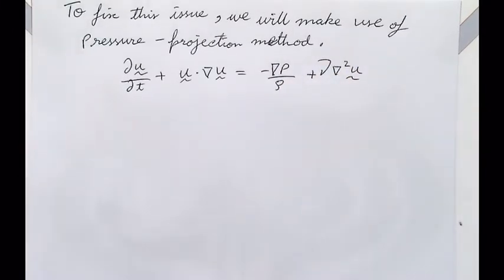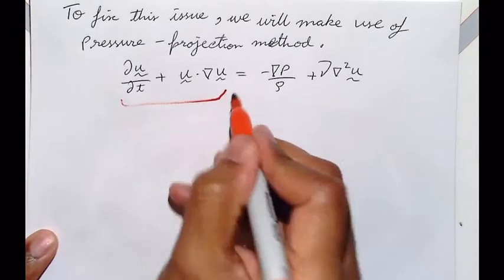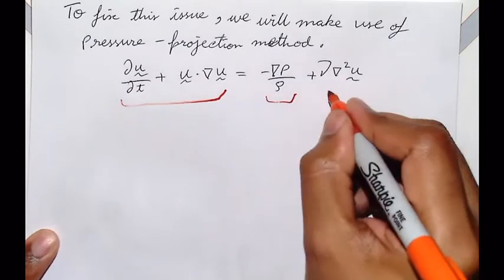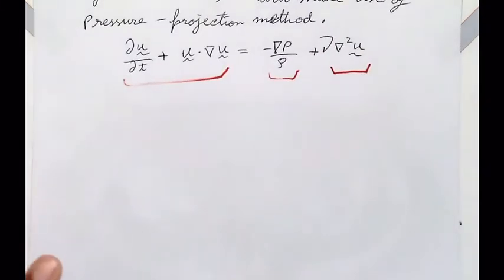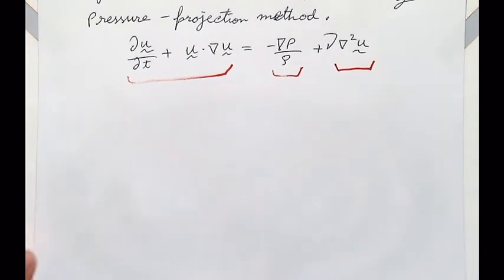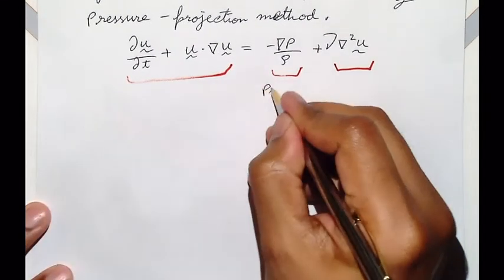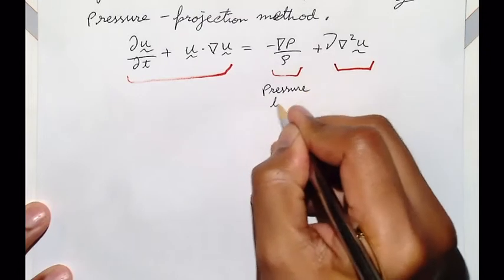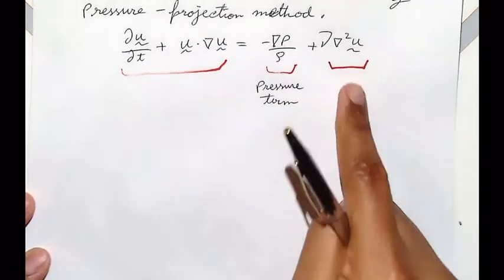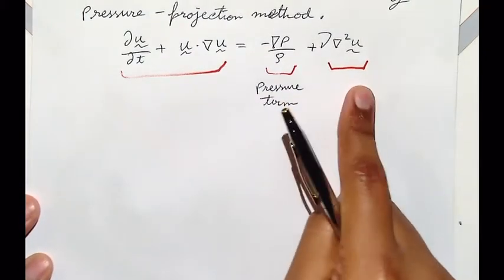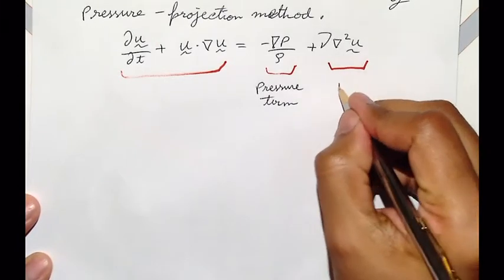So we have three important components in here. We have this, we have this, and we have this. So this is the pressure term. This is the what? Viscous term or diffusion term.